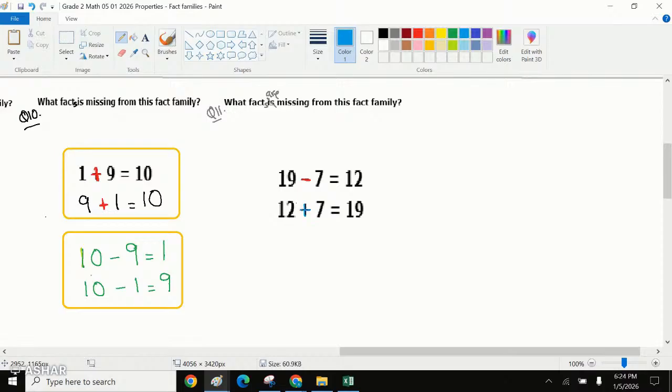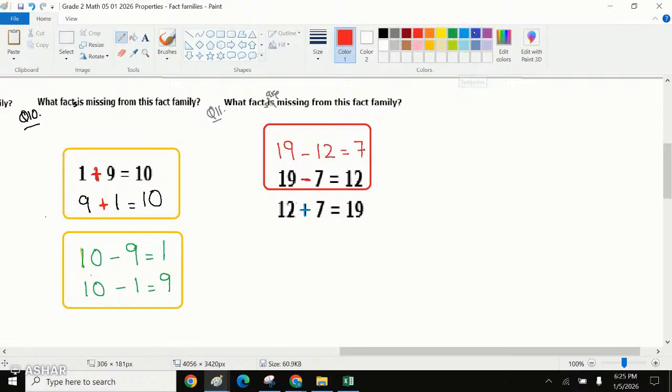So we are missing 1 addition statement and we are missing 1 subtraction statement. So if we need to do the subtraction statement, can we say 19 minus 12 should be equal to 7? Agreed? Because these 2 are subtraction statements. They're exactly the same, right?